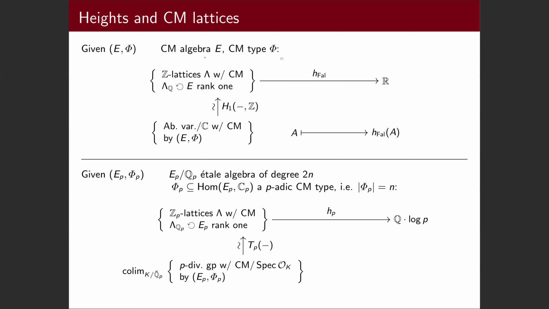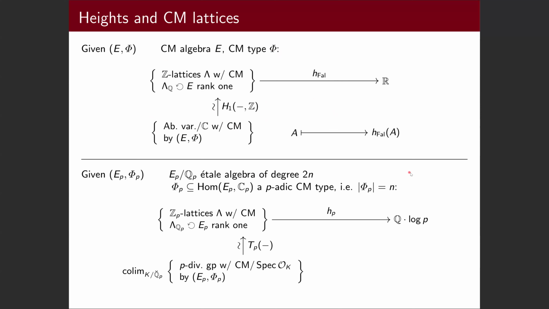I'm saying that after I fix the CM type, then I get a function on lattices like this. So in other words, once you fix every CM type, you have an isomorphism between the two. Yes, for any CM type, I get such an isomorphism. Okay, thank you very much.